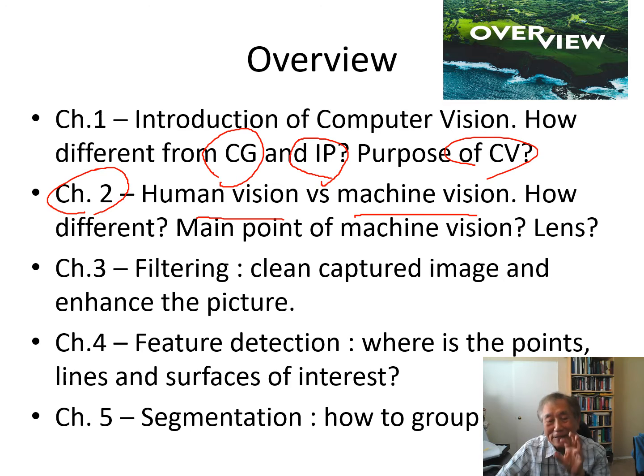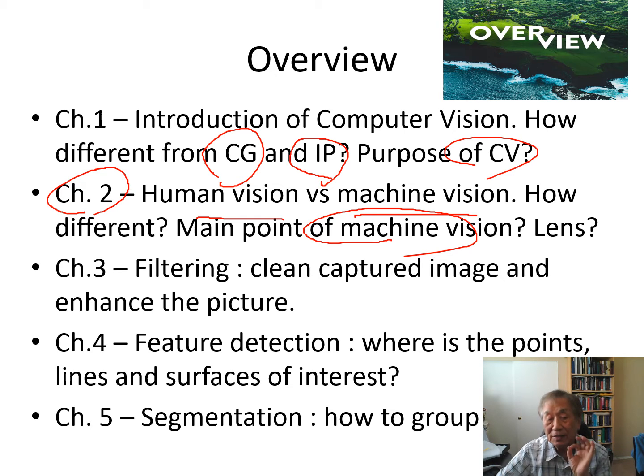But again, that picture itself needs to be processed by some brain, namely a computer. The main purpose of machine vision, of course, is controlled by the laws of physics or optics, and the lens is like a human eye.